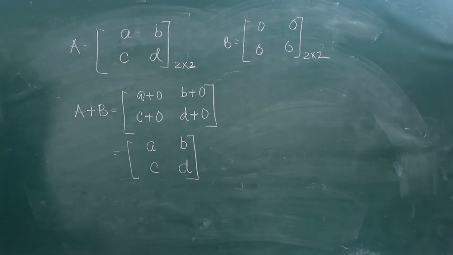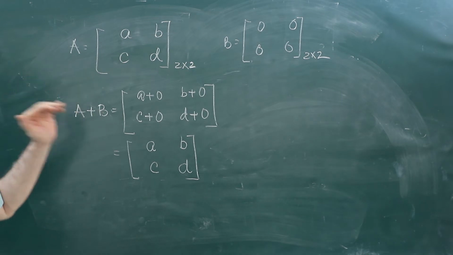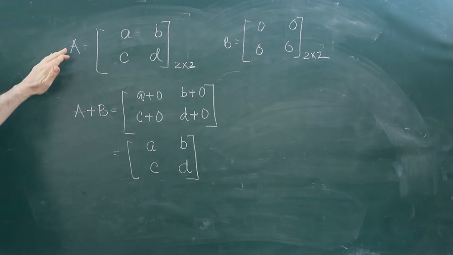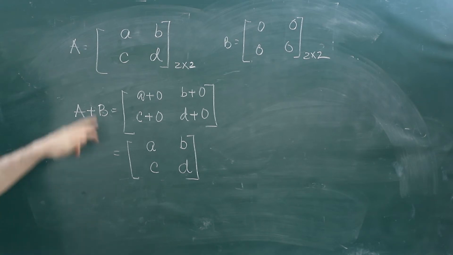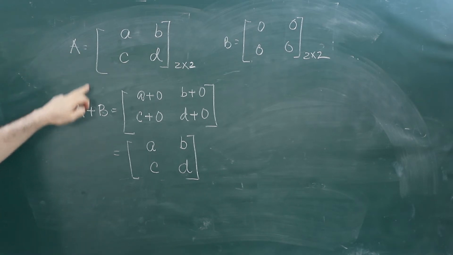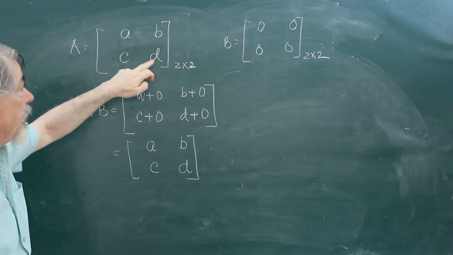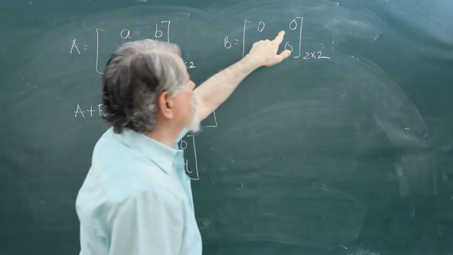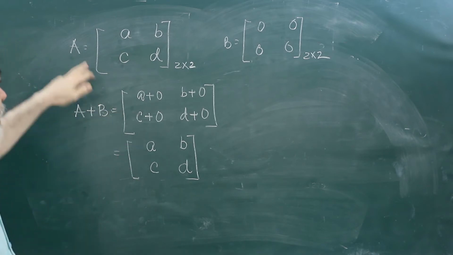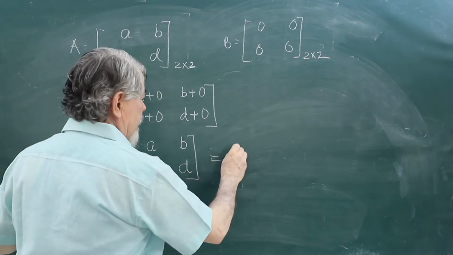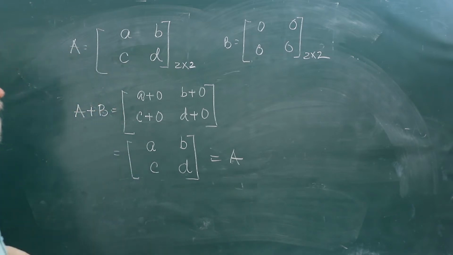That means when I added the null matrix to it, the matrix remained the same as A. A is a, b, c, d, and if I added 0, 0, 0, 0 to it, the final answer was the same as matrix A. So B is called the additive identity.